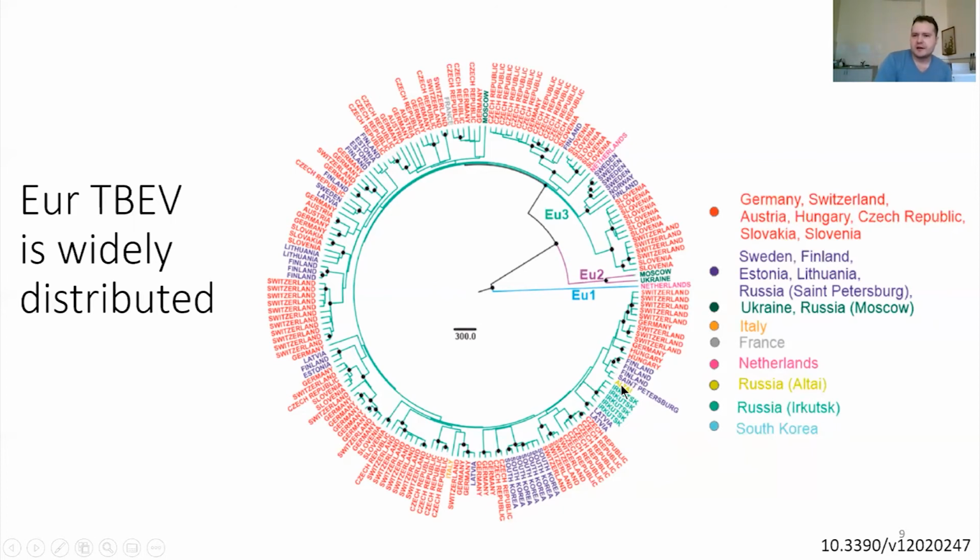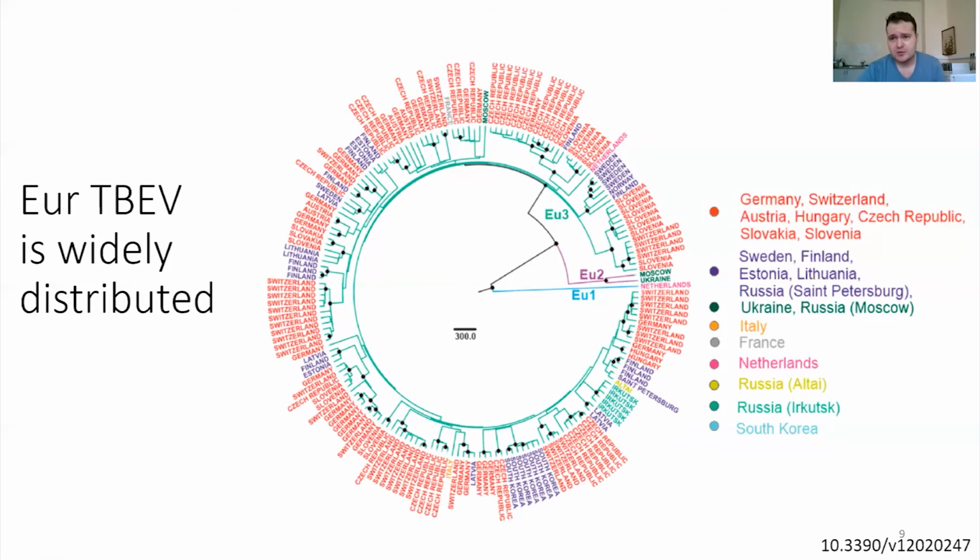And we can see that some viruses are phylogenetically very close, for example, Altai and St. Petersburg viruses, which were isolated from the Altai region of Russia and the St. Petersburg region of Russia.